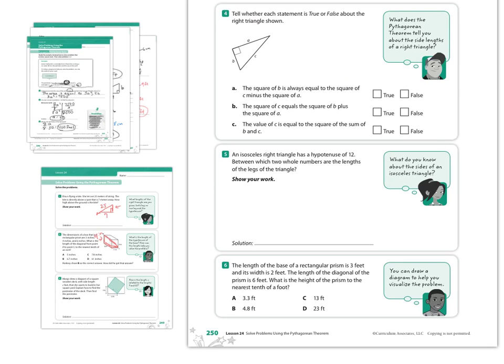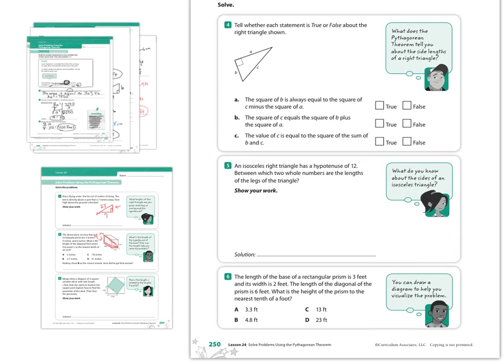With number 4, you just need to read through. Remember, the Pythagorean theorem states that a squared plus b squared equals c squared. And you just need to think through what is being described there and see if it represents what is true about the Pythagorean theorem.